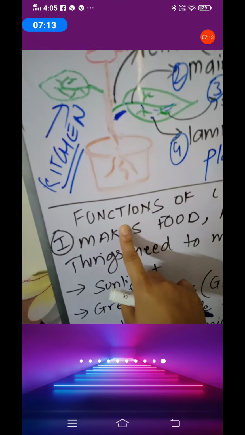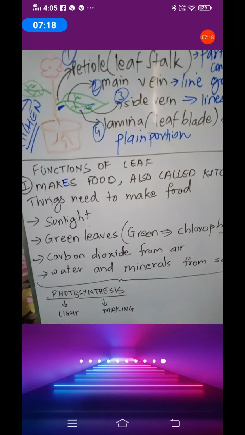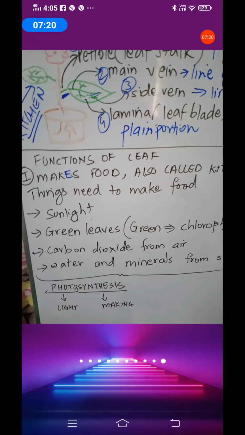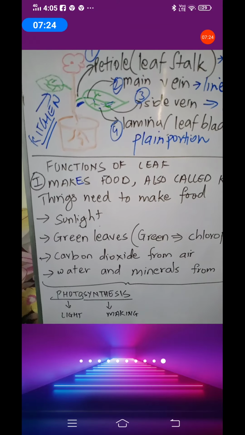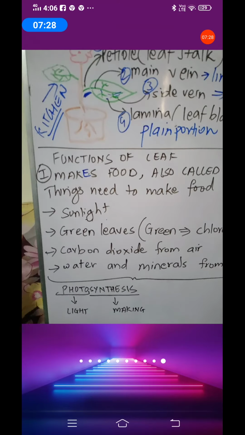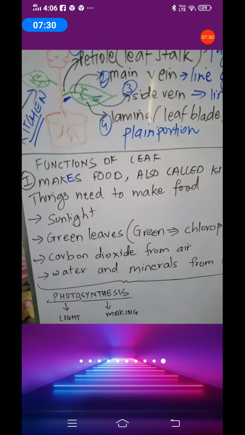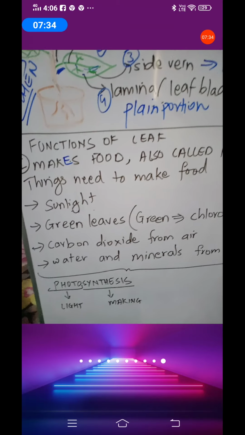Okay, so when your mama makes food, let's say she wants to make rice, she needs plain rice, and then she needs a gas also to heat it, right? Similarly, when plants make food, they need heat, because even mama needs heat, right?